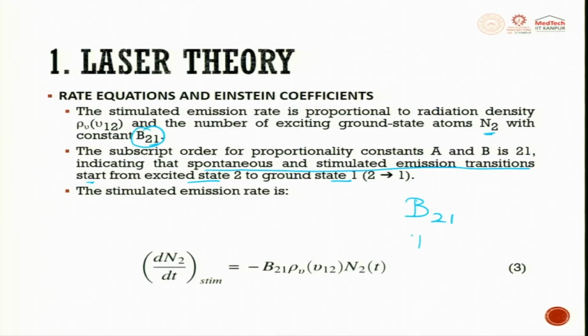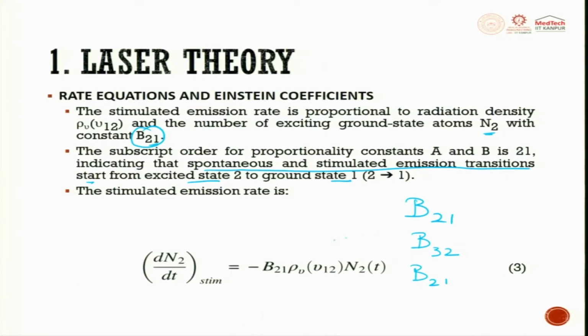Otherwise, if you have a 3 level system, it will be B32 and then B21. That means you stop at one level and then fall down to the next level, and from there you go further down. It takes more time to decay from one level to the other.